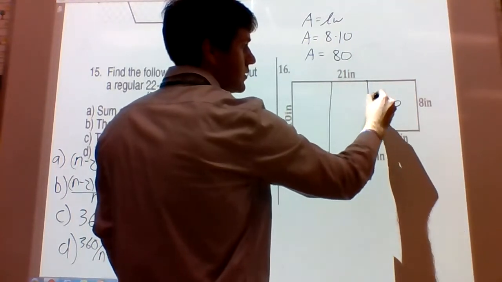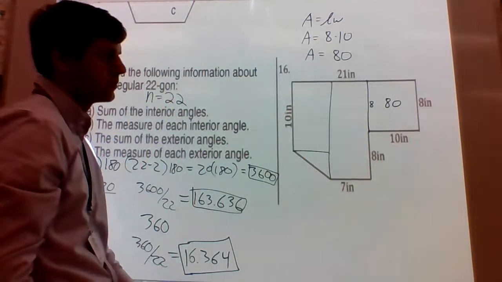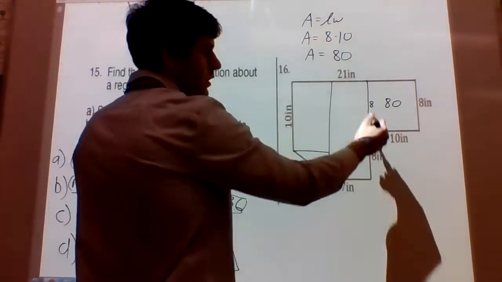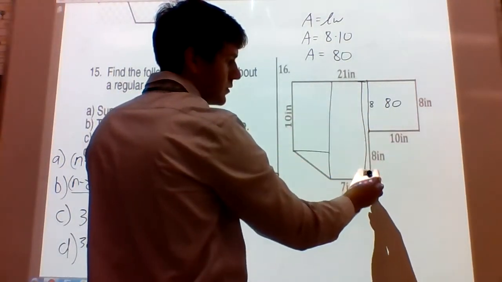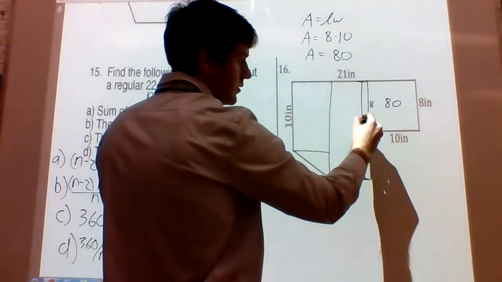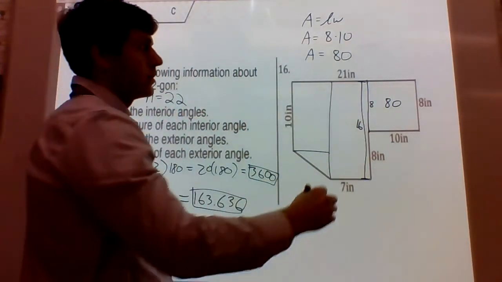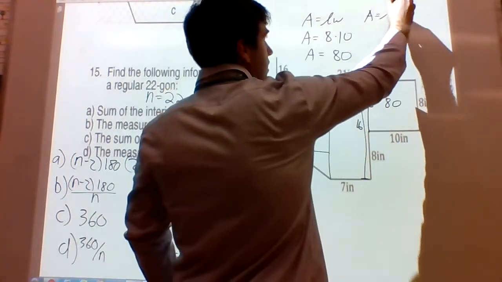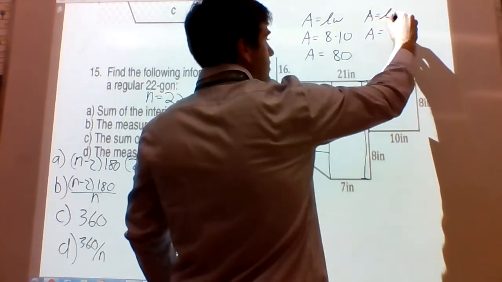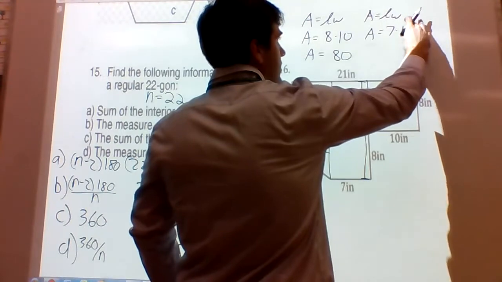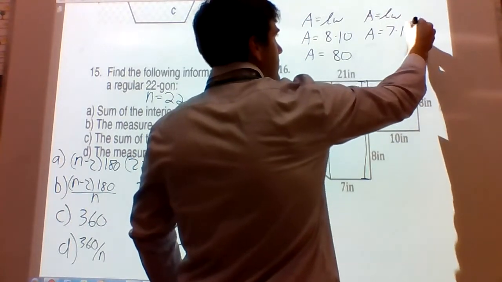We know this is going to be 8. So the whole thing from here to here is 16. We know the length here is 7. So the area of the second one is going to be 7 by 16.